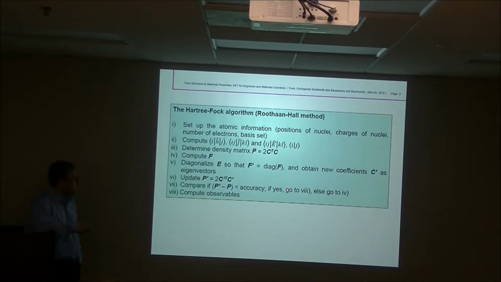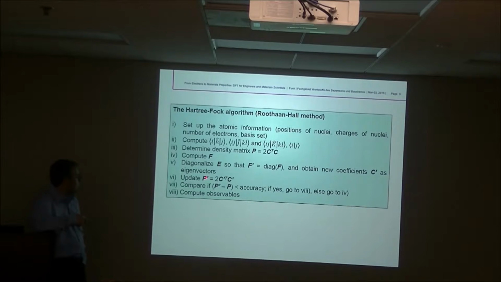If yes, we compute our observables, like expectation values of the electrons, momentum of the system, pressure, energy, anything we want. Well, okay, energy we actually have gotten. Gradients, second derivatives, whatever. If no, we go to here.